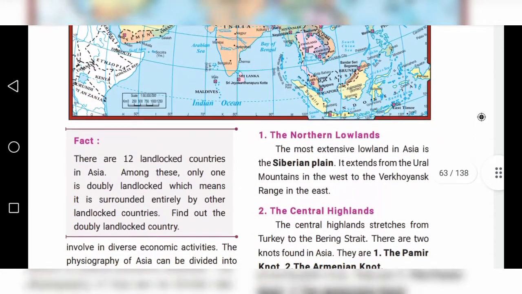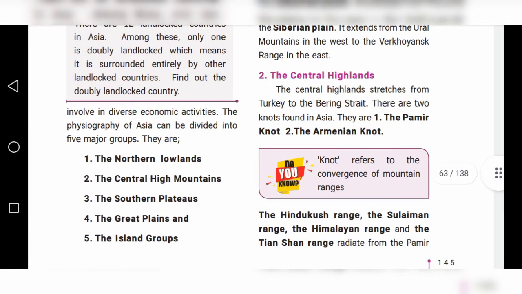Okay, so this continent of Asia is divided into 5 major groups. Major groups means important groups. First one, the northern lowlands. On the north side are the lands, that is the lowlands, the northern lowlands.